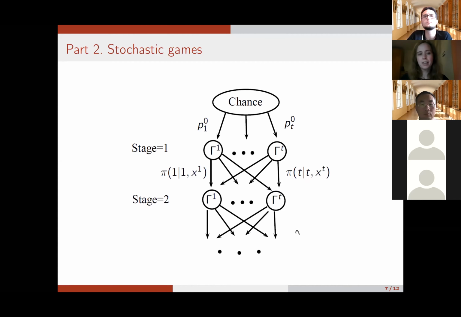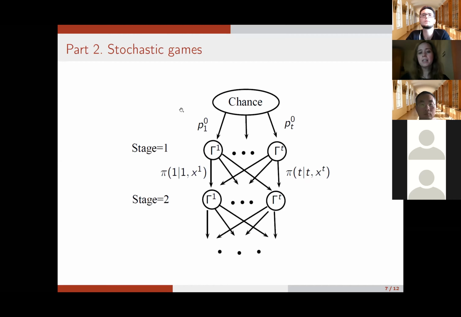And the second part, I will move to the second part with a bit more complicated stochasticity. I call it stochastic games because here in this part, players' actions can control the transition probabilities. They influence the transition probabilities from state to state.